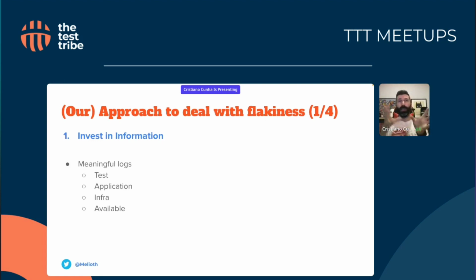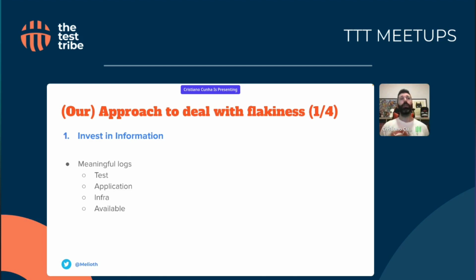Because like we saw in the socio-technical systems, we need to have all the information available in order to gather and see where it is coming from. When the test is running, the application is consuming a lot of memory, or we can see on the infrastructure logs what was causing that.